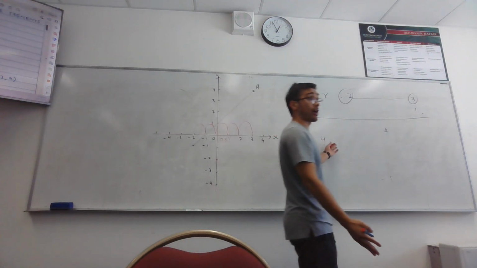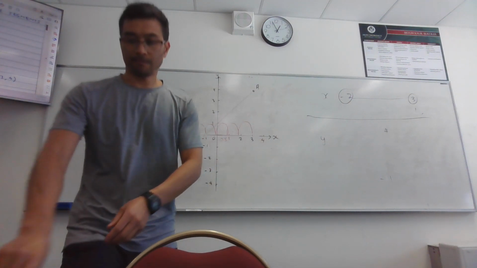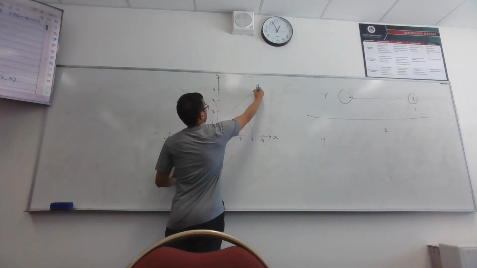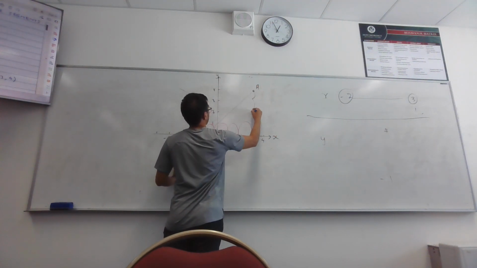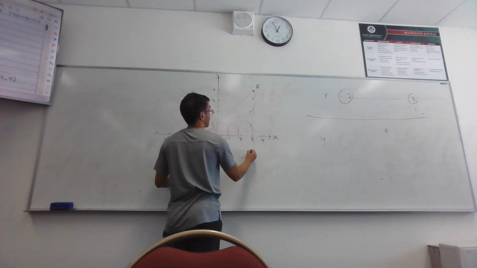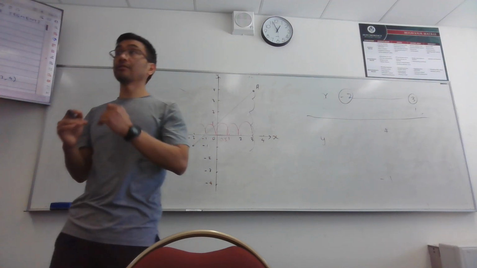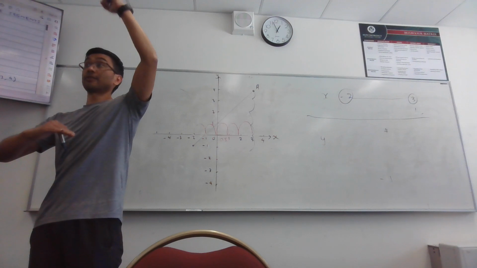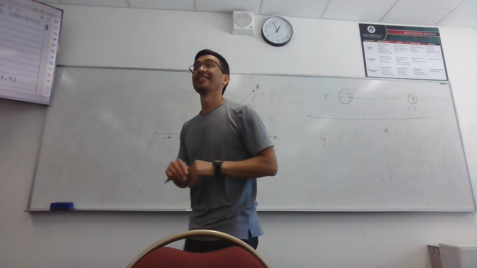We do it with the y. We're going up now. 1, 2, 3, 4, 5. 5 levels. Halfway, Amrita. What's half of a gap of 5? 2.5.